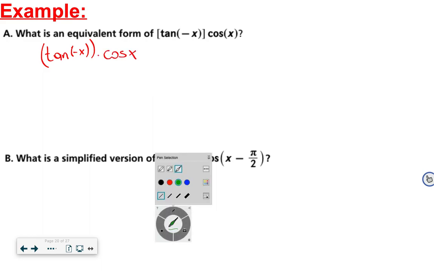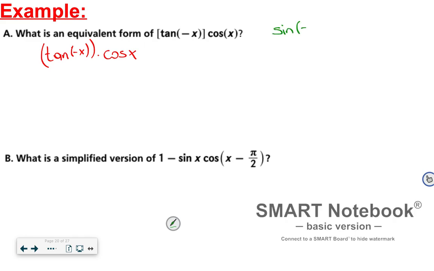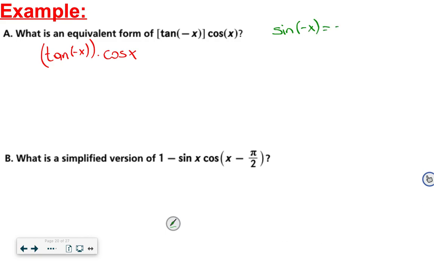Before that, I would like to remind you of some identities. Sine minus x is going to become minus sine x, right? Next, cosine minus x is going to become cosine x. Nothing is going to change.